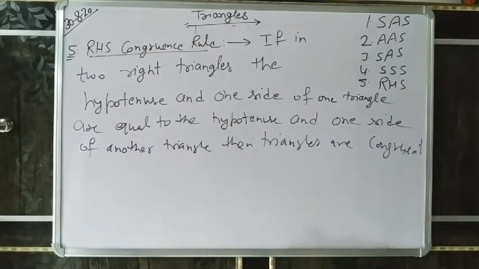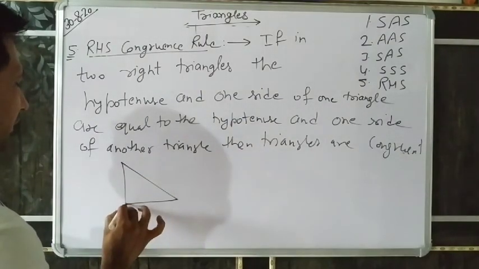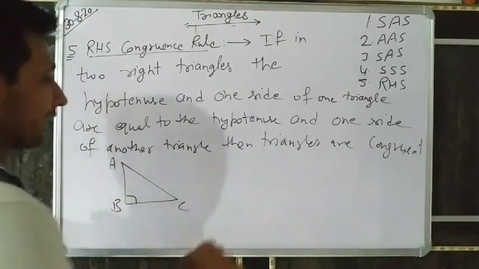Otherwise you can write, then the right triangles are congruent. You can write like this. It is 90 degrees always. This is a special case for only right angle triangles.